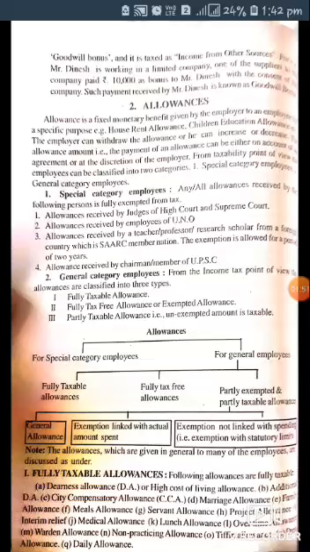For special category employees, all allowances received by the following persons are fully exempted from tax: allowances received by judges of the High Court and Supreme Court, allowances received by employees of the UNO, allowances received by a teacher, professor or research scholar from a foreign country which is a SAARC member nation, where the exemption is allowed for a period of 2 years, and allowances received by the chairman or members of UPSC.